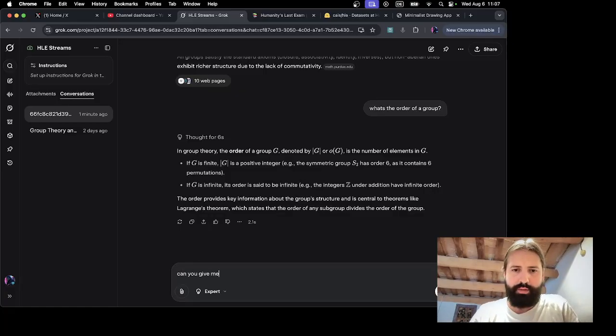Can you give me a more detailed example of a group and its order calculation?